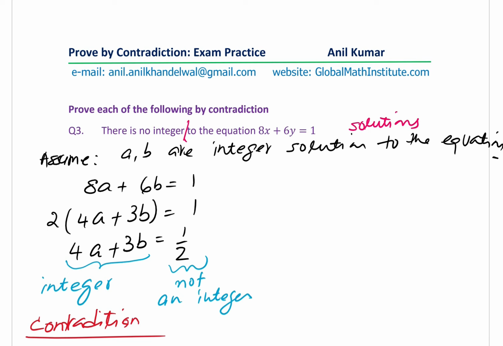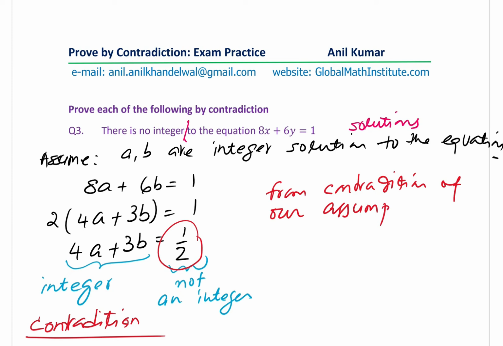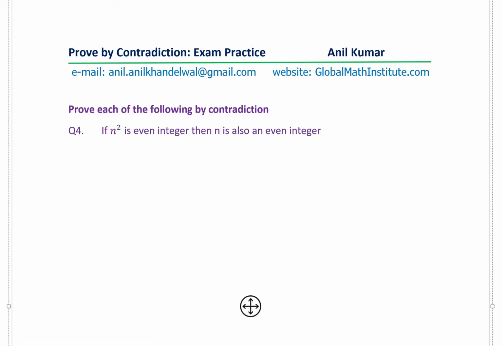We cannot have an integer equal to a rational number. Correct? So again, from the contradiction of our assumption, we prove the statement. So that kind of logic can be applied. So I hope that makes sense, right?